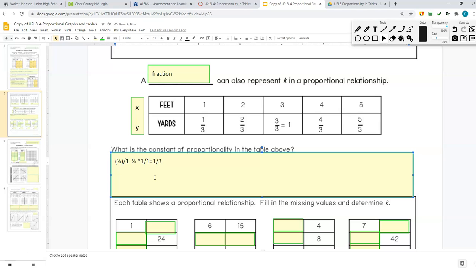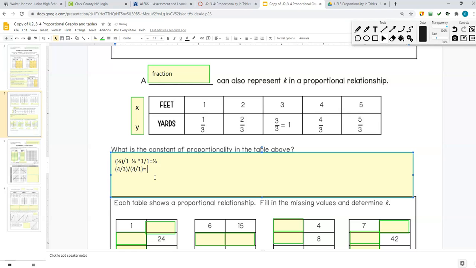Alright, let's try another one, 4/3 divided by 4. Well, we're going to think of that as 4 over 1.